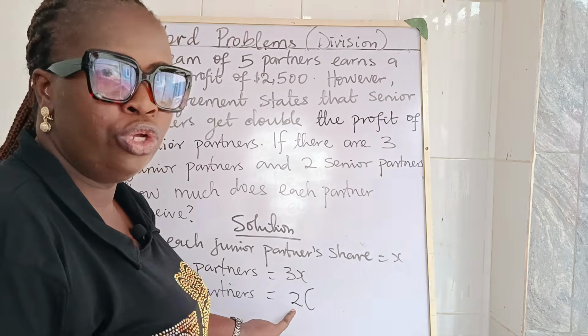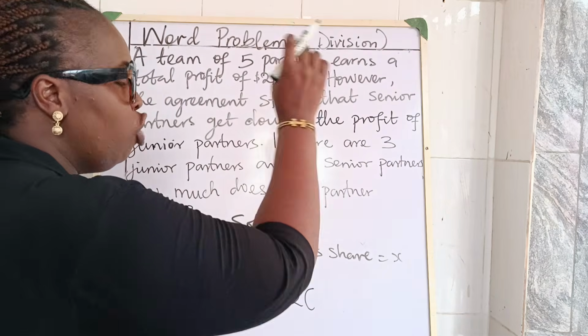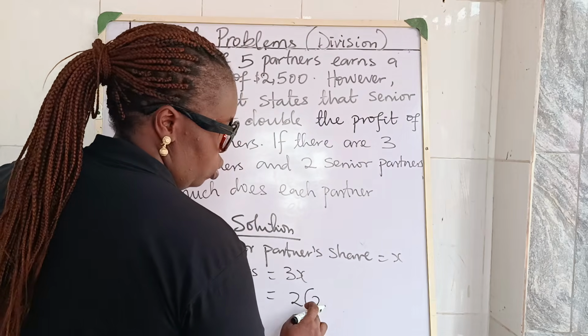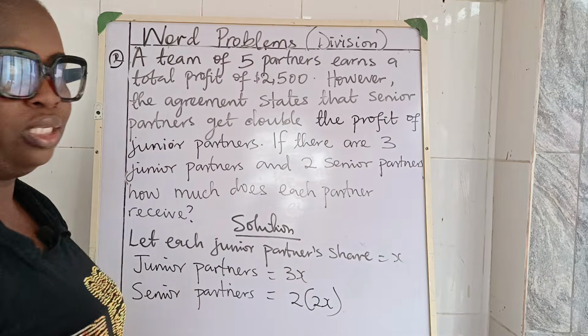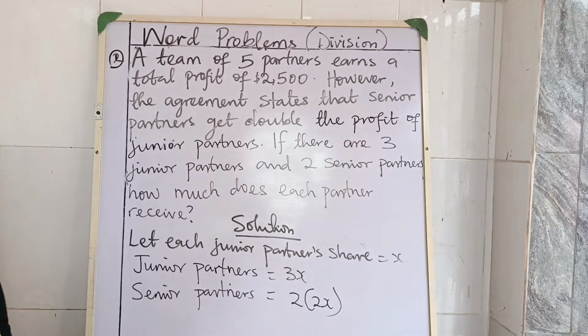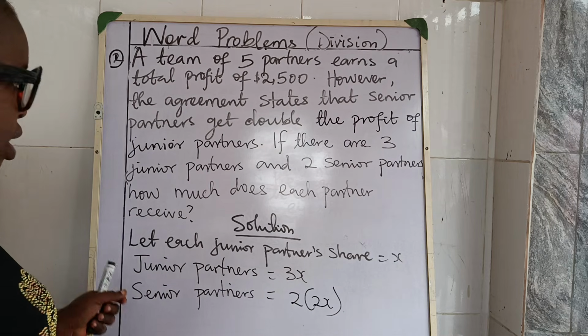Remember, there are senior partners, and they are taking double of what these people are getting. So we are having double is 2, right? 2x. Do you understand? They are getting what? Double the junior partner's own. Are we all there?